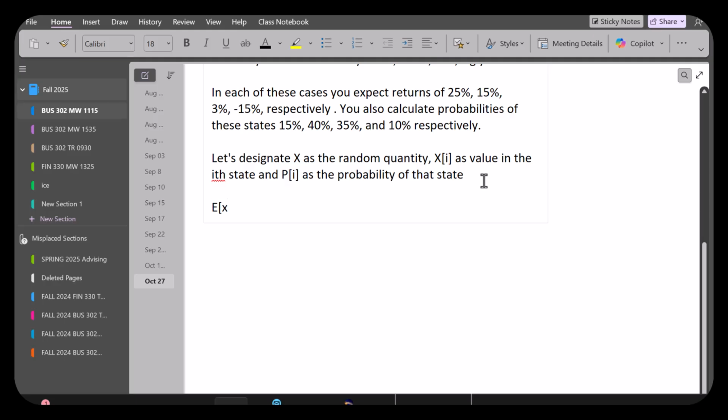And the expected value of X is simply the sum of the products of the probabilities and the values they would attain in those states.